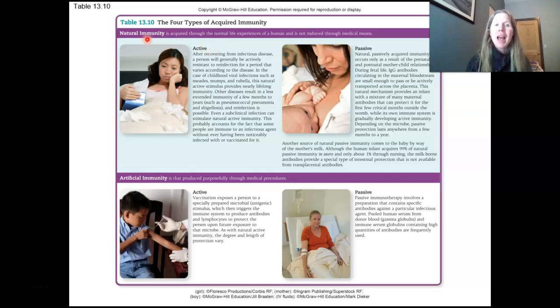But natural active immunity requires recovery from an infectious disease. We've circumvented things and said, well, this doesn't look like so much fun. Can we get that same active immunity artificially? Well, yes, we can. That's called vaccination, right?